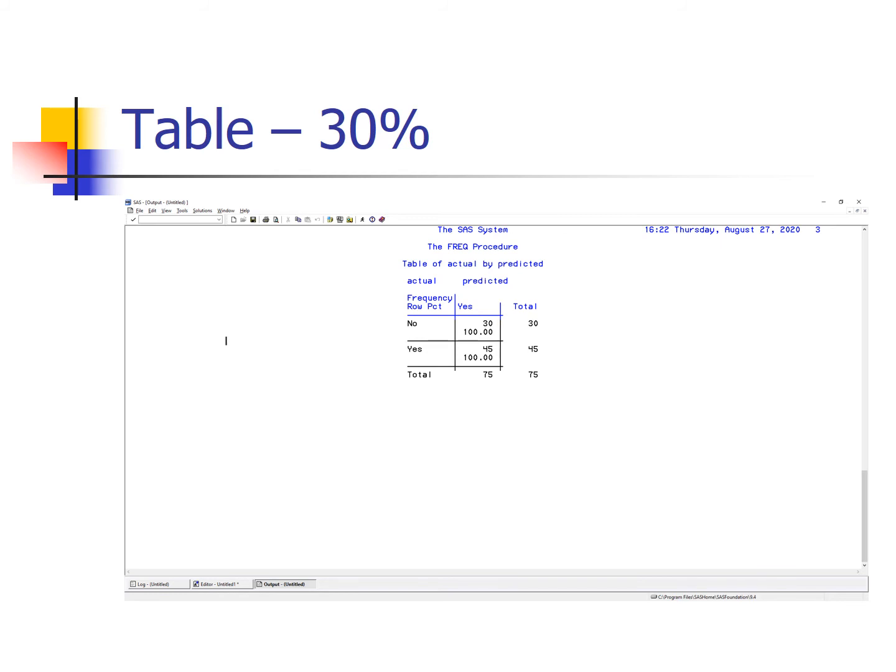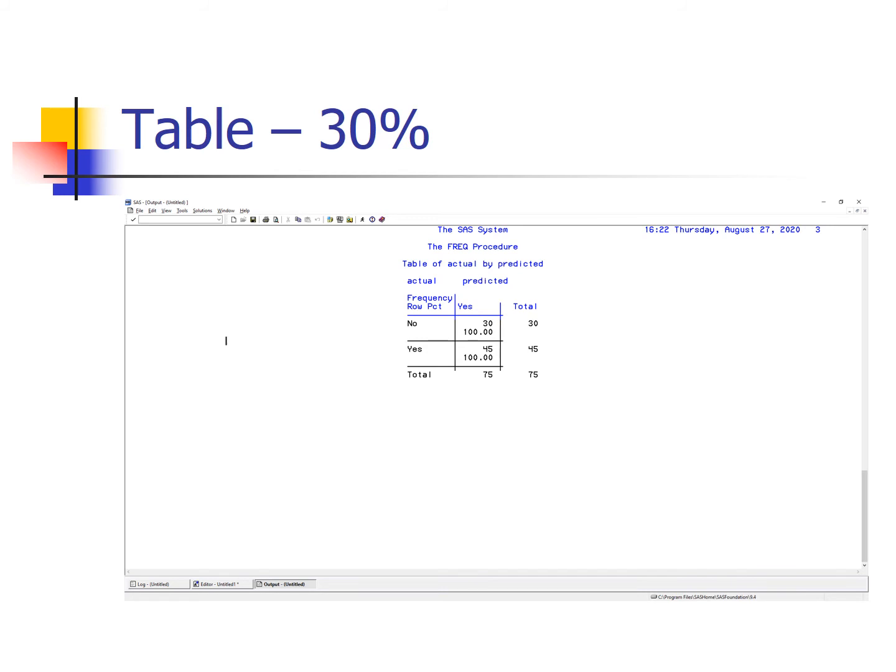And so that is what it looks like. In this example, if I use 30%, I classify everyone as having the disease. Now 45 people actually had it, so for those 45, we got it right. So that means 100% sensitivity. It's better than it was before, but our specificity is 0%, right?